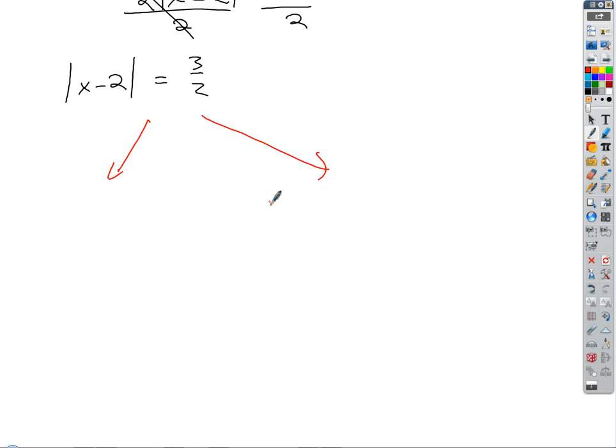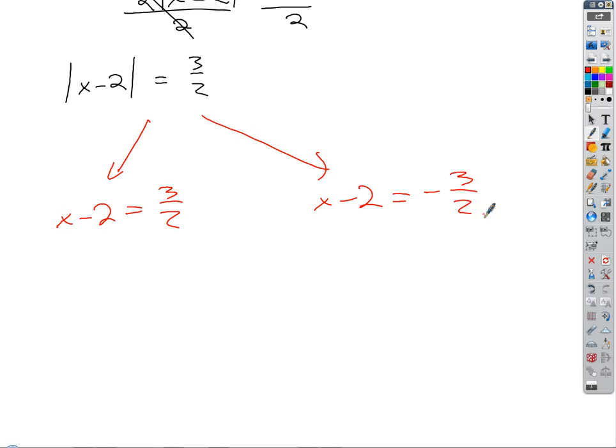One equation is going to be what? X minus 2 equals 3/2, right? Because what's inside the absolute value bars might just be positive. What's the other one, though? Okay, good. X minus 2 could also actually equal negative 3/2, and the absolute value makes it positive, right?